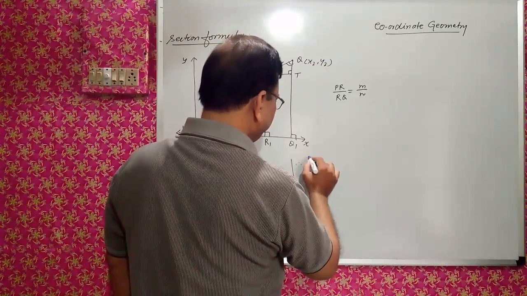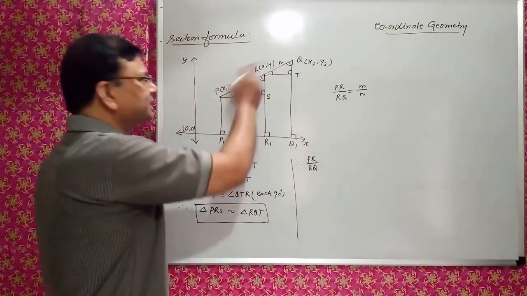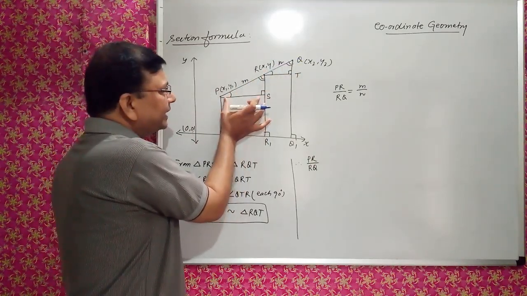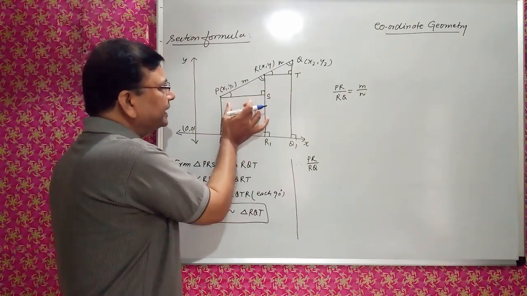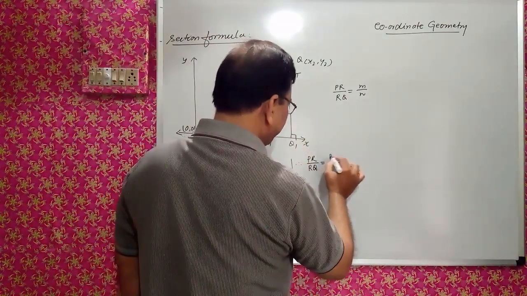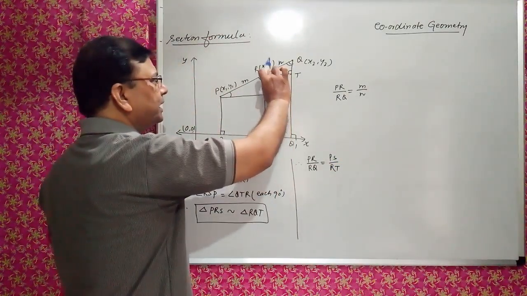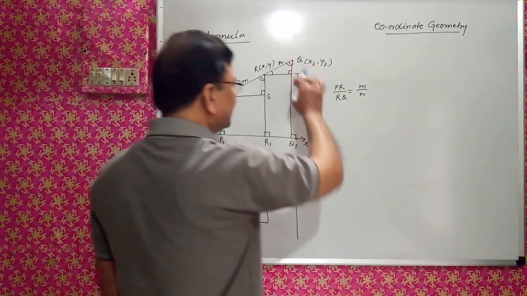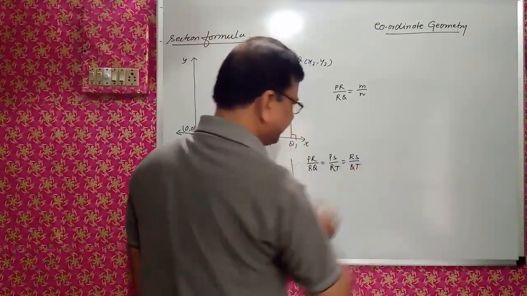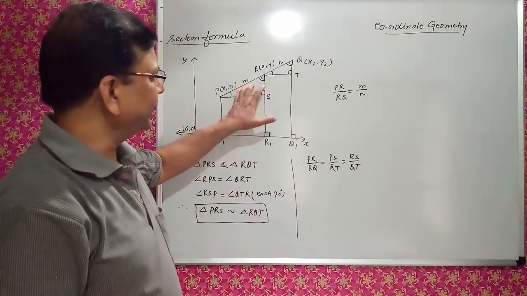Therefore, PR upon RQ is the ratio of the corresponding sides. This side corresponds to this, so PS upon RT. Similarly, the last one, RS upon QT. You are getting it now? Corresponding sides you have to look at.